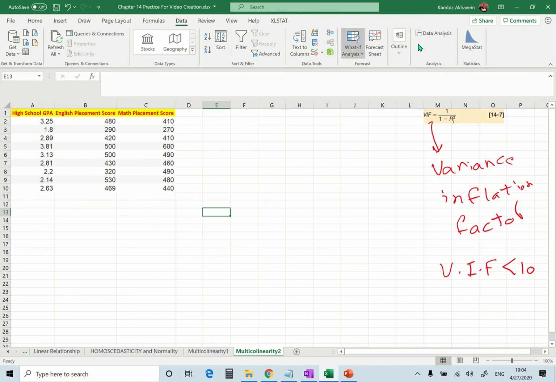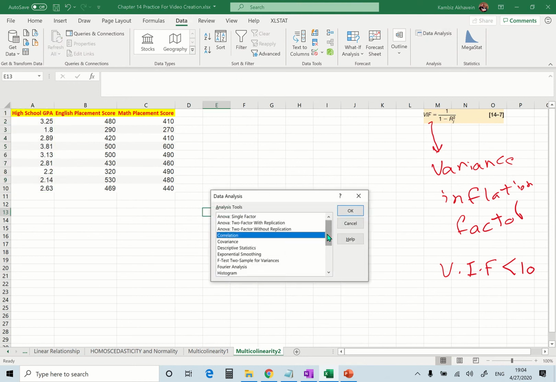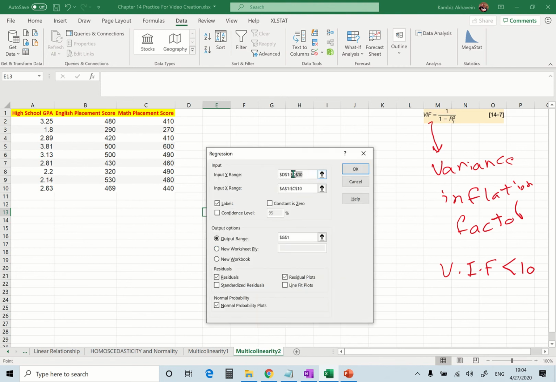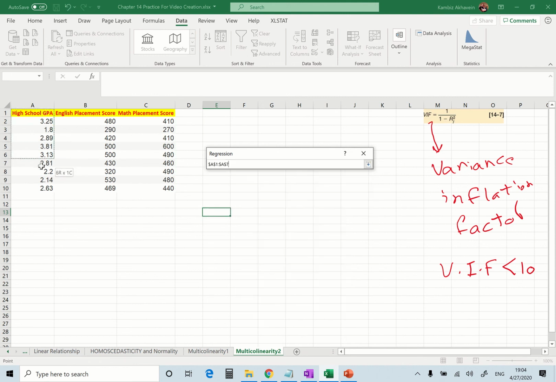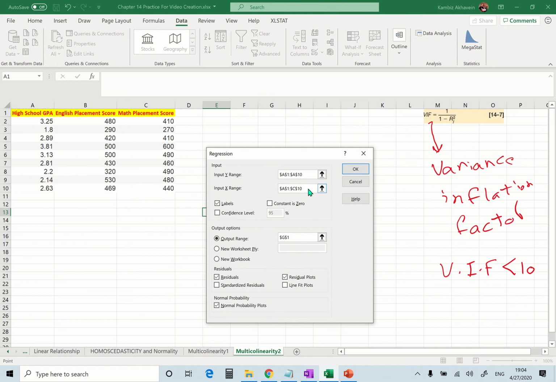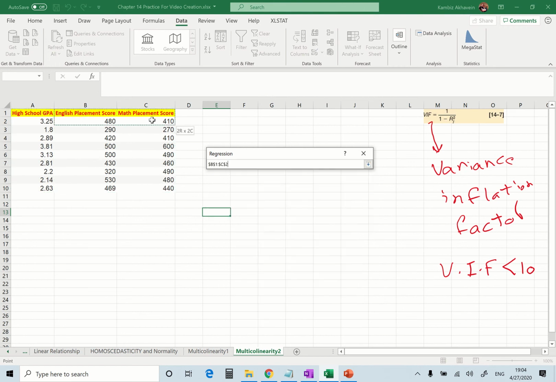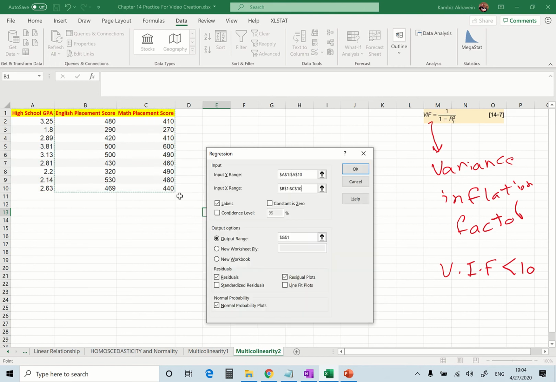I go to Data, Data Analysis, then Regression. Okay, I'm getting the VIF for high school first. So high school GPA, even though it's independent, now I assume that it's my dependent variable and everything else is my independent variable. Okay, I don't need any of these.